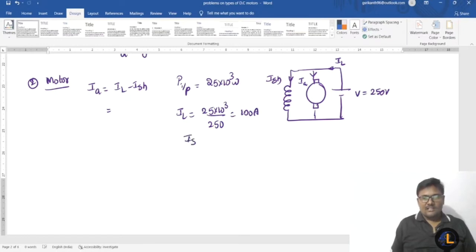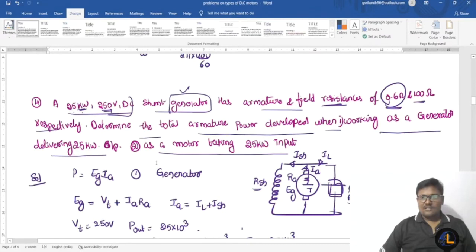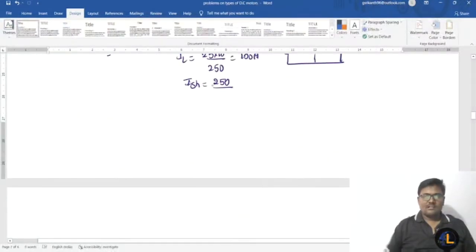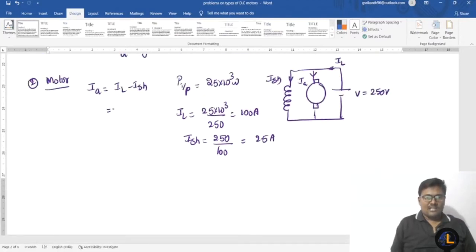The shunt current is also the same, that is 250 divided by RSH. The RSH value is 100, so this is 2.5 amperes. Now the IA is equal to 100 minus 2.5, then I got the answer as 97.5 amperes.